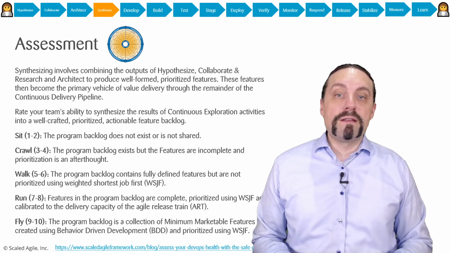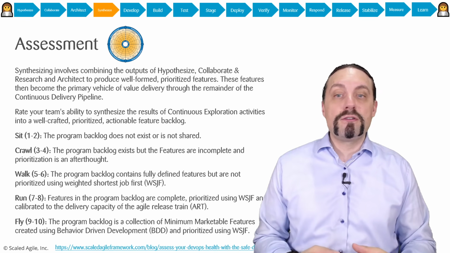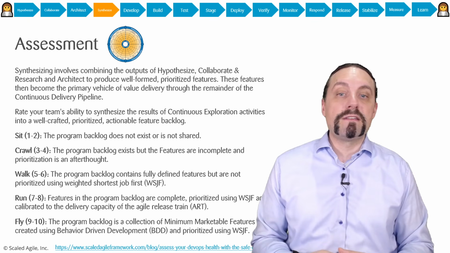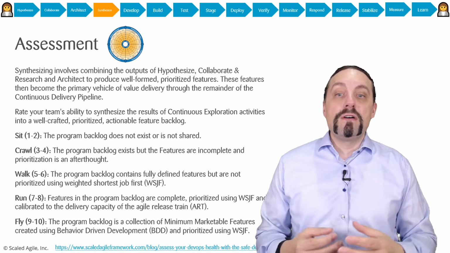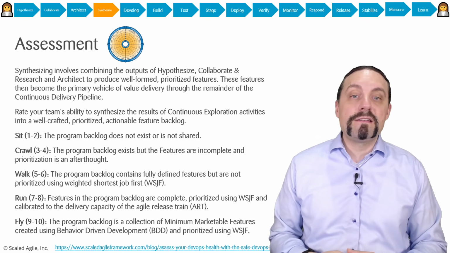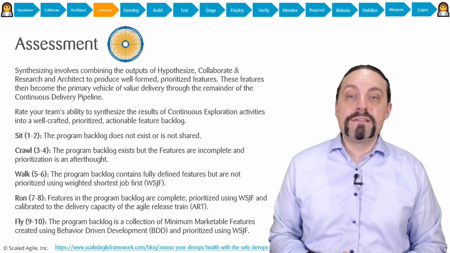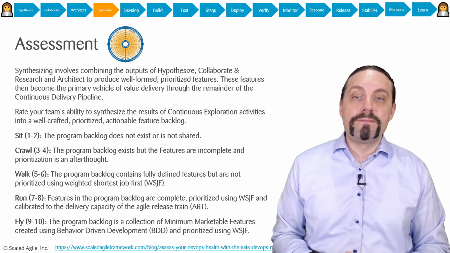You are a walk when the program backlog contains fully defined features but they are not prioritized using weighted shortest job first. You are a run when features in the program backlog are complete, prioritized using WSJF and calibrated to the delivery capacity of an Agile release train, which is an ART.